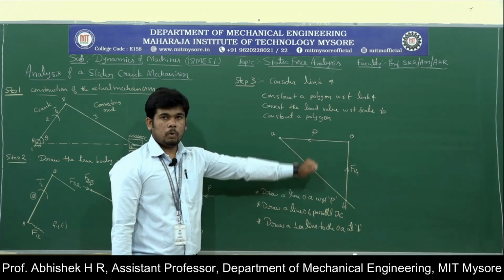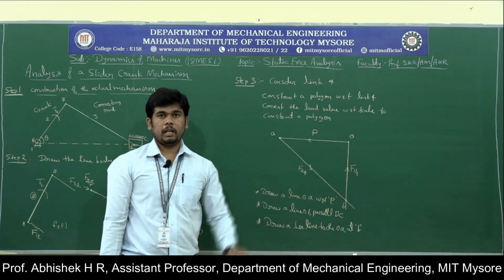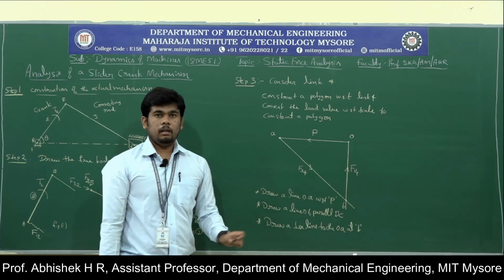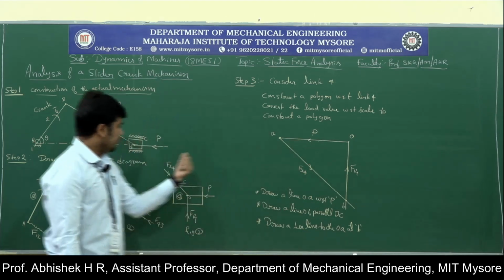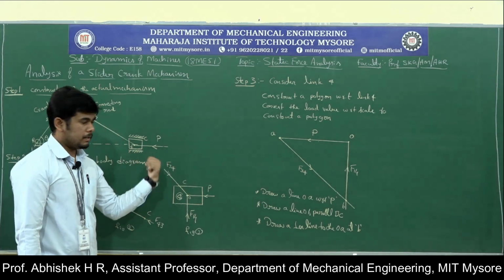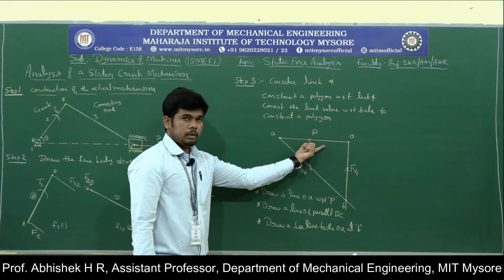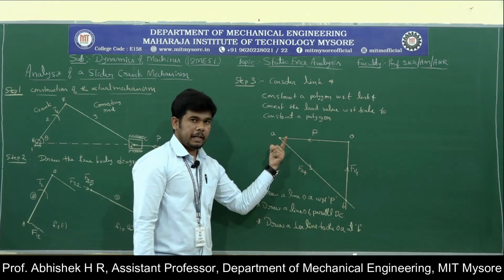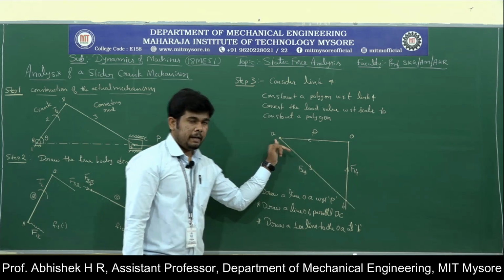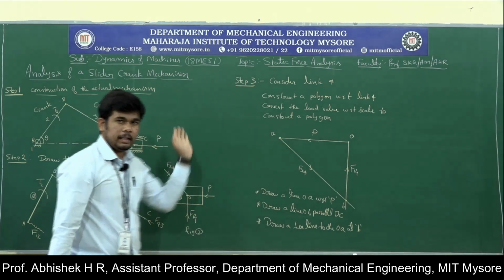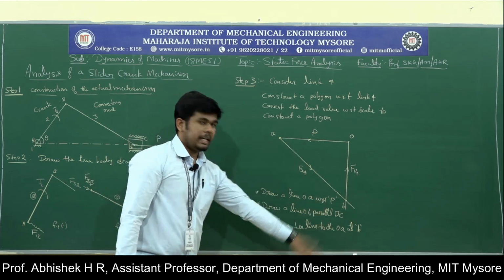Just take the load value, convert it to the scale, take that scale, draw a straight line with respect to the load on the mechanism and name it as point O and point A. Next, at point A, parallel to BC, that is link 3, draw a straight line.